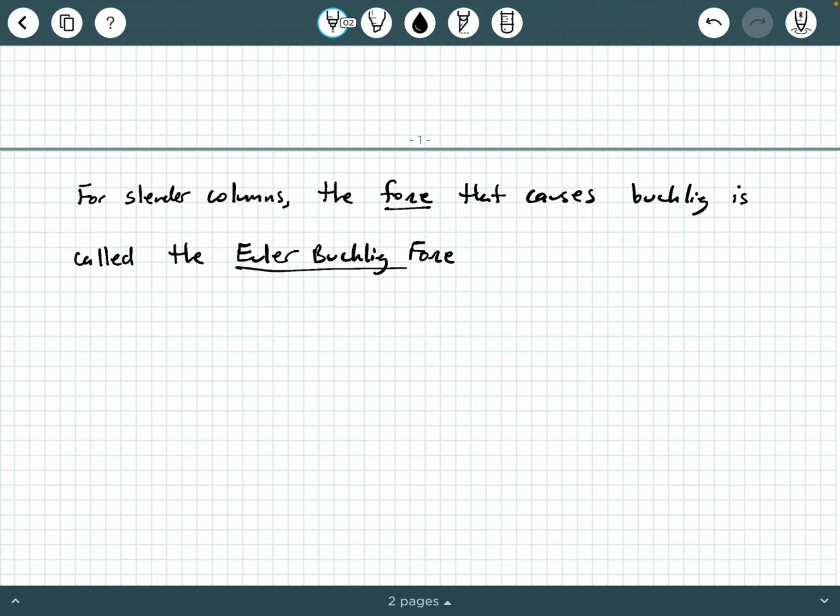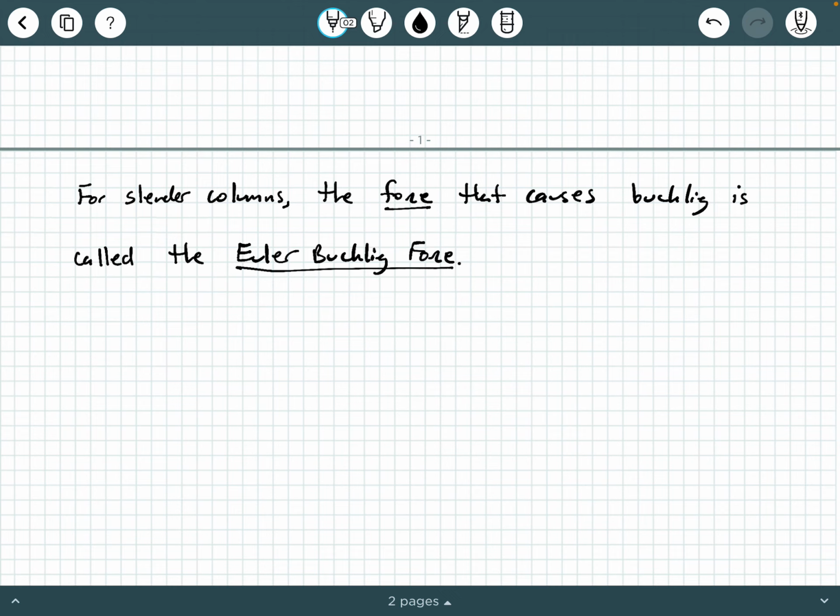And this is named after Leonhard Euler, who is a famous pioneer in physics and engineering and mathematics, developed a lot of theories across all of the physics, mathematics, and engineering fields.